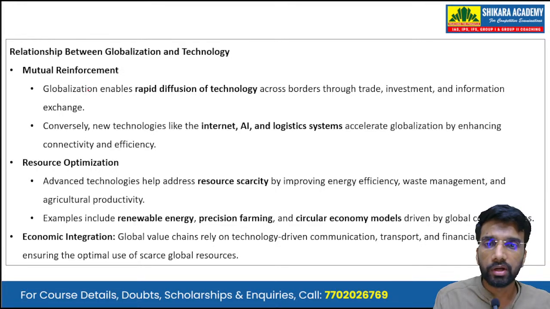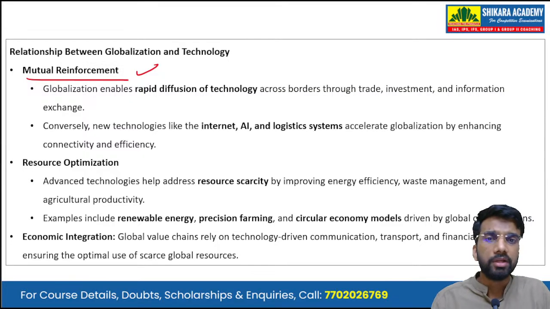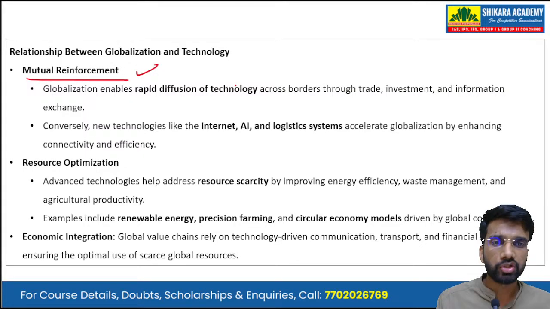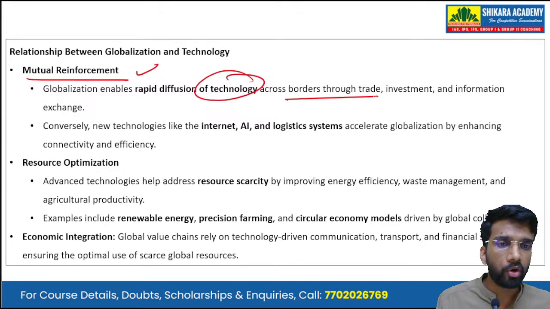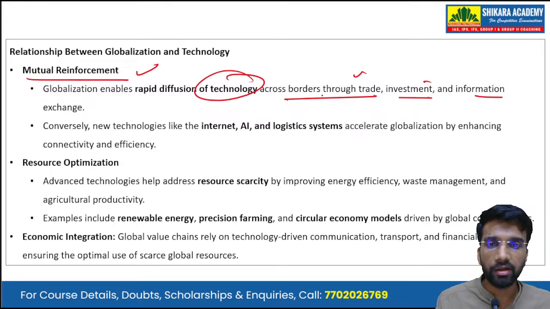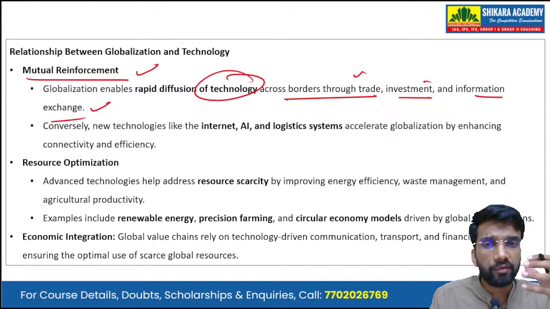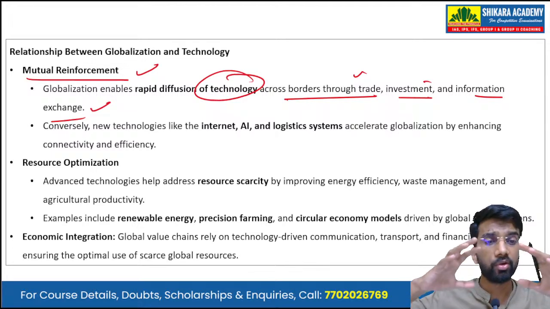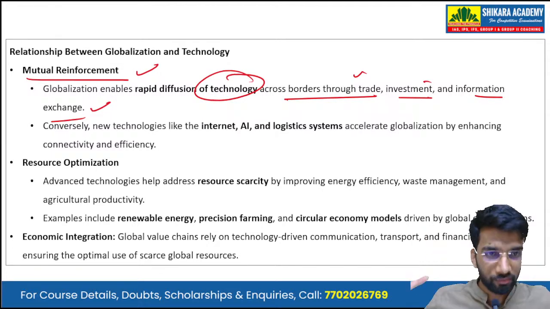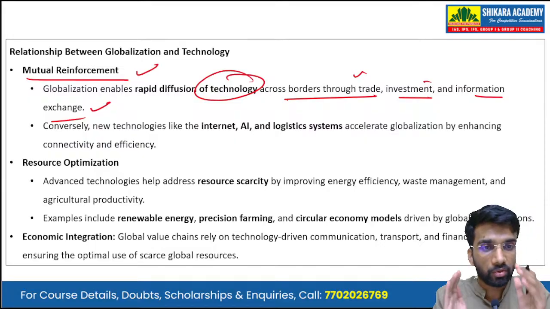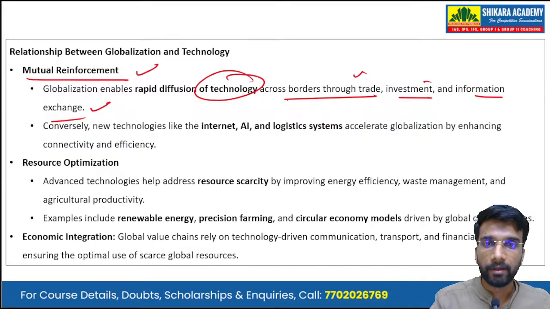First is mutual reinforcement. Globalization enables rapid diffusion of technology across borders through trade, investment, and information exchange. So globalization is the one which helps technology reach every country.